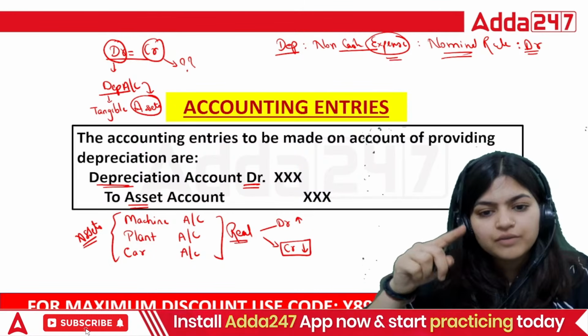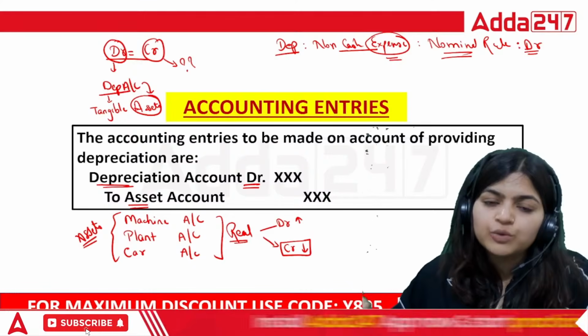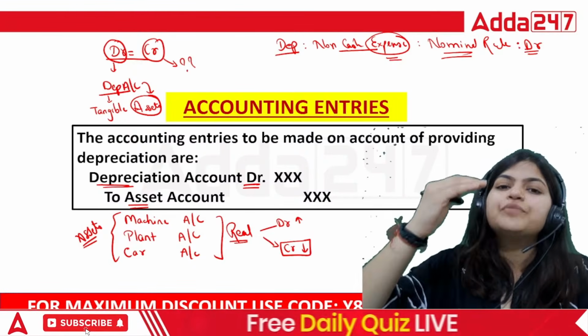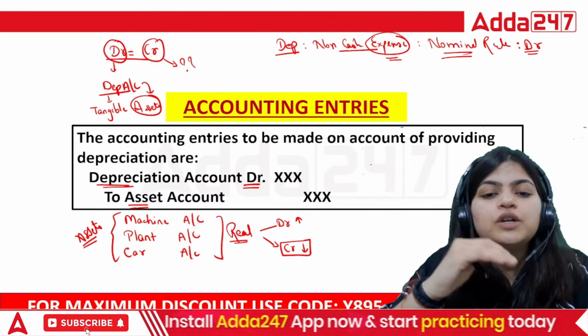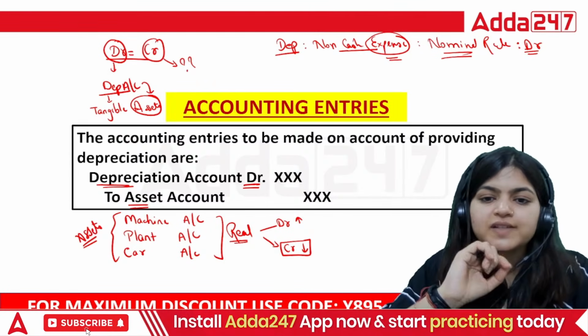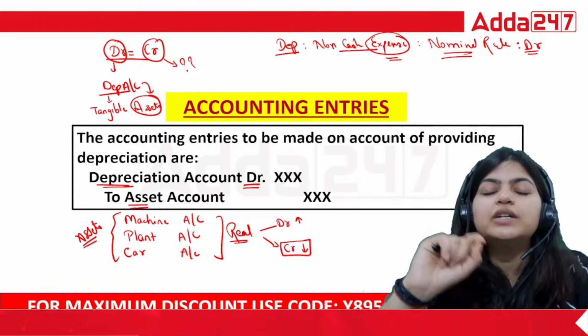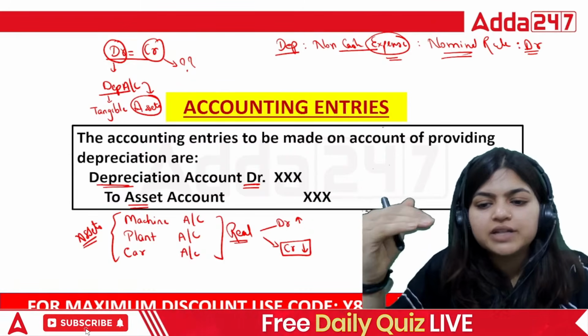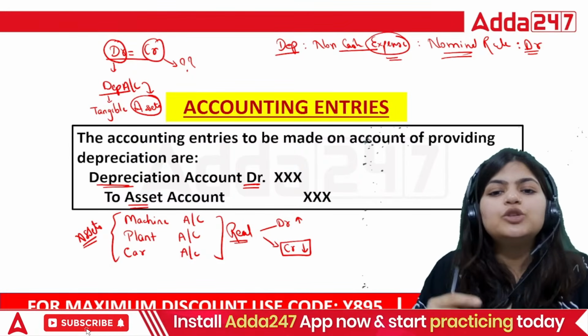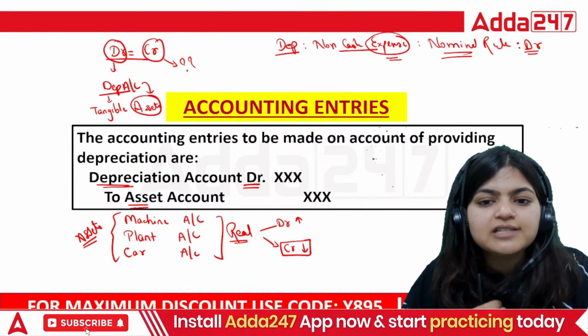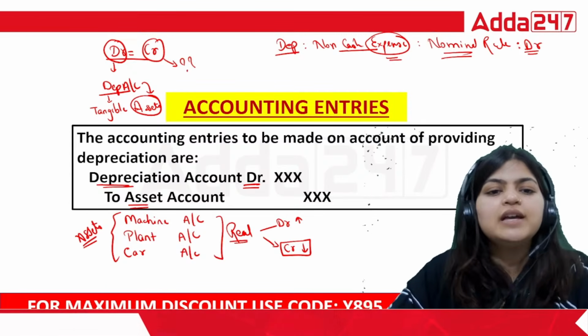What comes in, what goes out. So if you are reducing the value or if you are selling the asset, you show that asset on your credit side. I hope this point is clear. So this is how you need to pass the journal entry of depreciation: depreciation account debit to assets account.